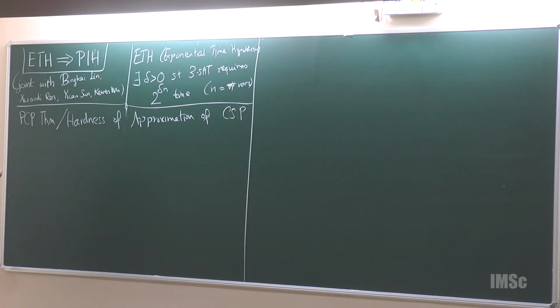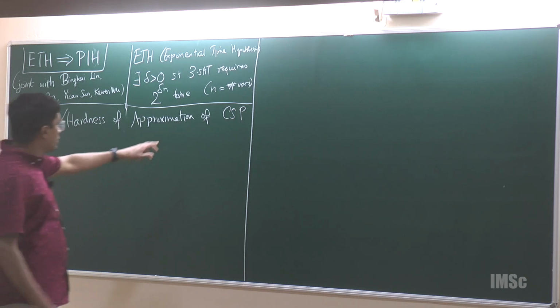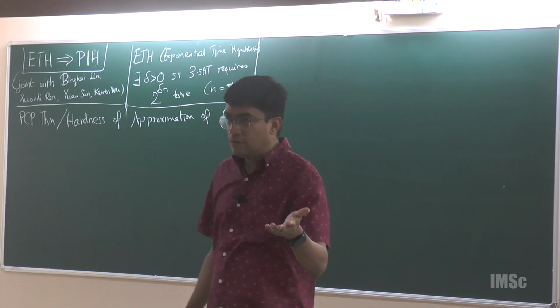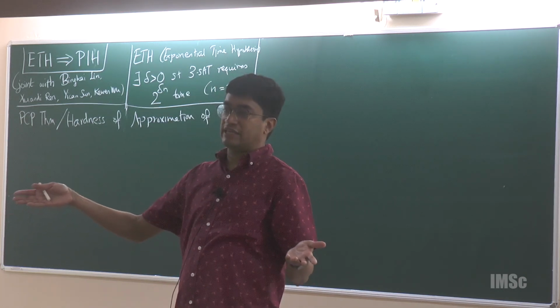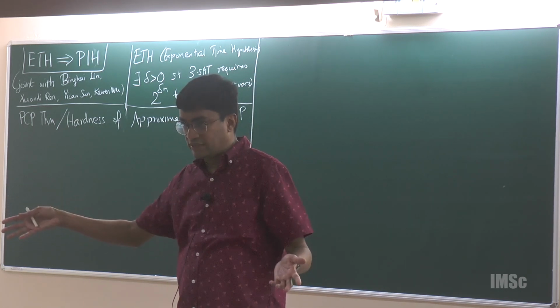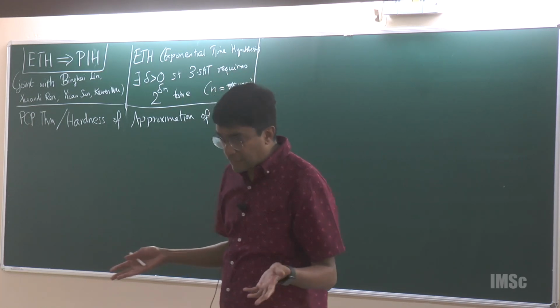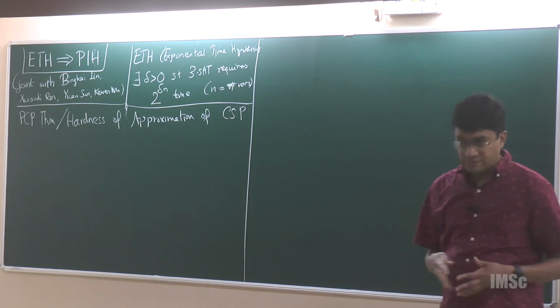There are many ways to state this, and I'm going to state the PCP theorem as the hardness of approximation of some SAT-like problem. One way to state it is this: if I give you a 3-SAT formula and ask you to tell me if it is satisfiable or if any assignment will fail to satisfy 1% of the constraints, telling these two apart is NP-hard. That's what the PCP theorem says.